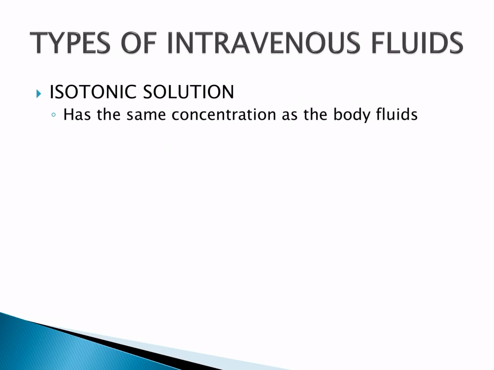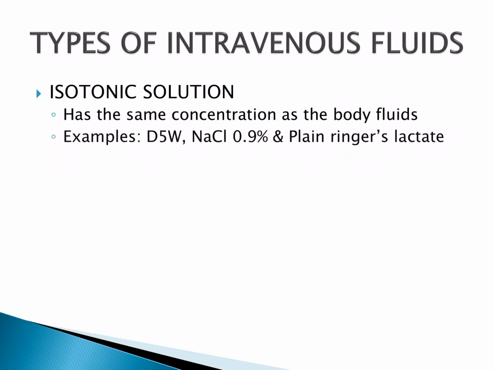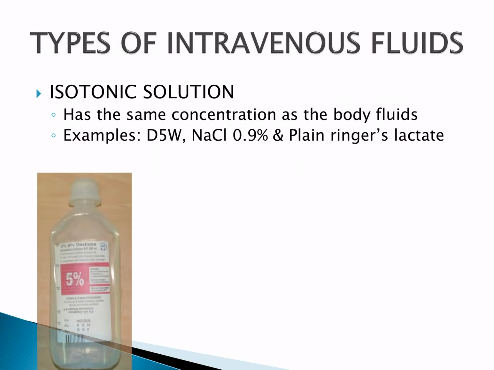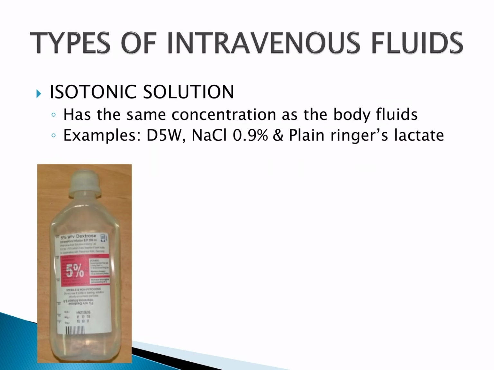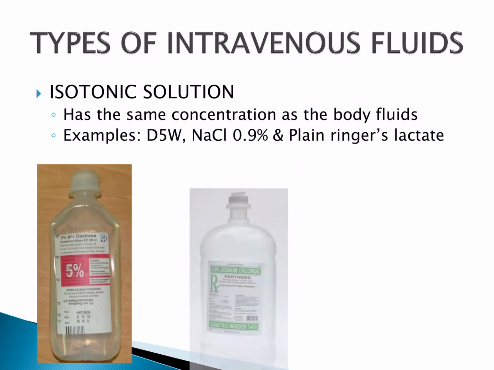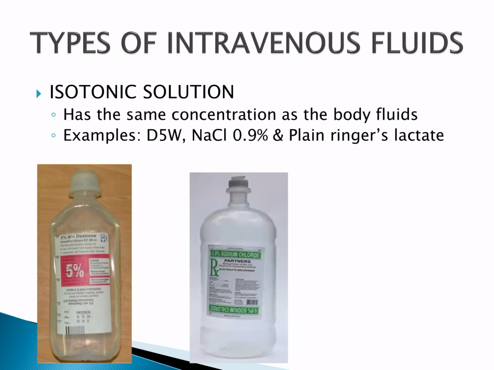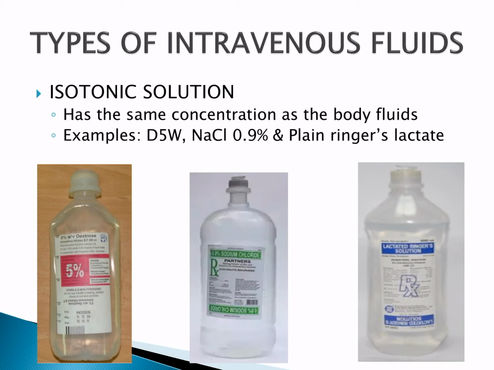So first, isotonic solution has the same concentration as the body fluids. Okay? So examples, D5 water. So this is your D5 water solution. We also have your sodium chloride 0.9%. The green one, this is your sodium chloride 0.9%, and we have your plain Ringer's lactate, the blue one.